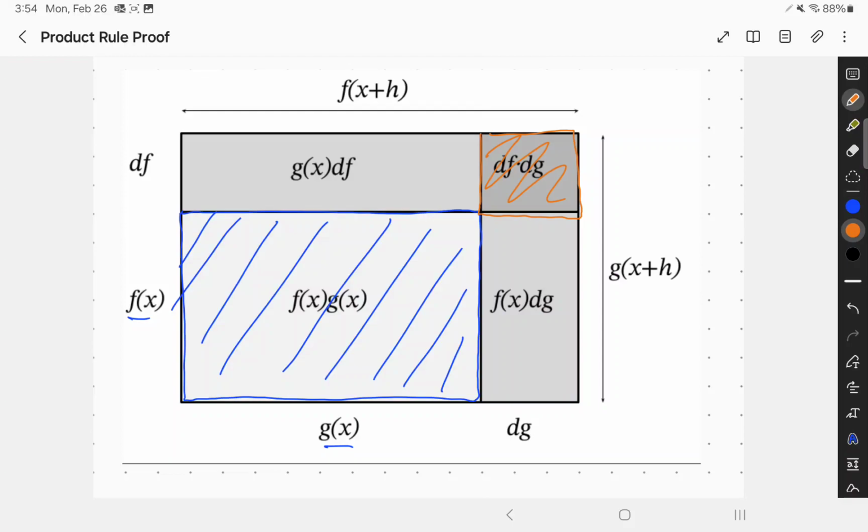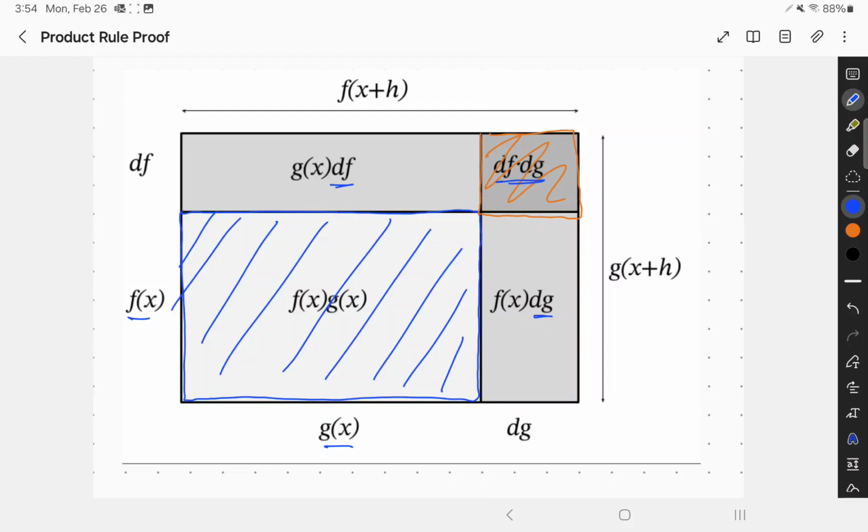The df in this top block up here, this df will make that block eventually go to 0 as h goes to 0. This dg will eventually make this block go to 0. But when we multiply df and dg together, that will make this block go to 0 kind of quadratically. And so it just is much faster than the other ones, which would kind of go down linearly.